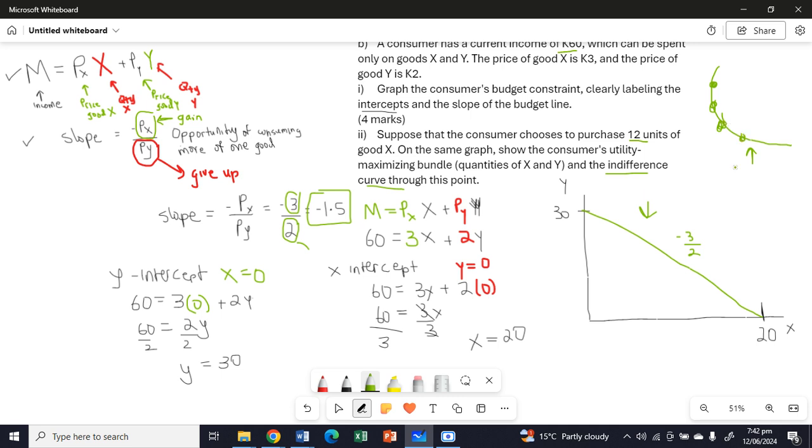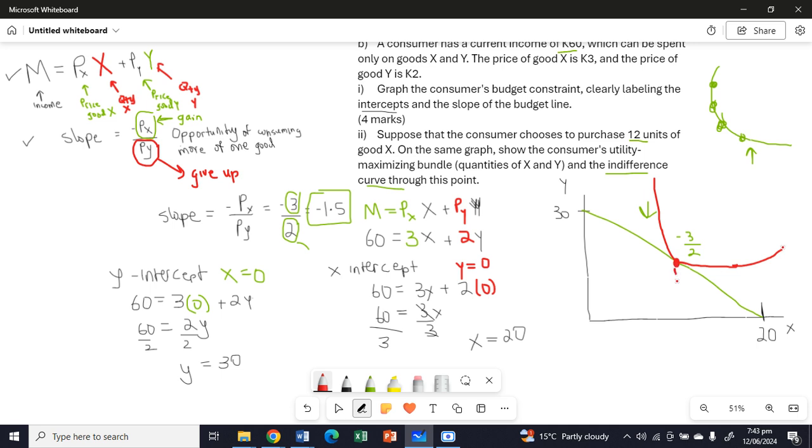So where this indifference curve and the budget line touch, that's the point of maximizing your utility, that's where you find your maximizing bundle. I'll teach you more about indifference curves, but for now, that's what you have to know. Where it touches this budget constraint line, that point is going to give you your maximum utility or your maximum satisfaction.